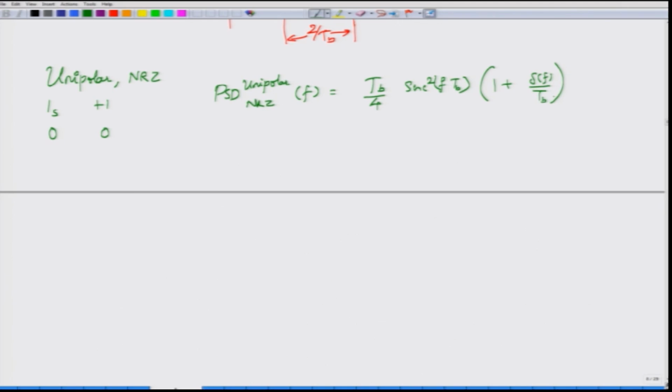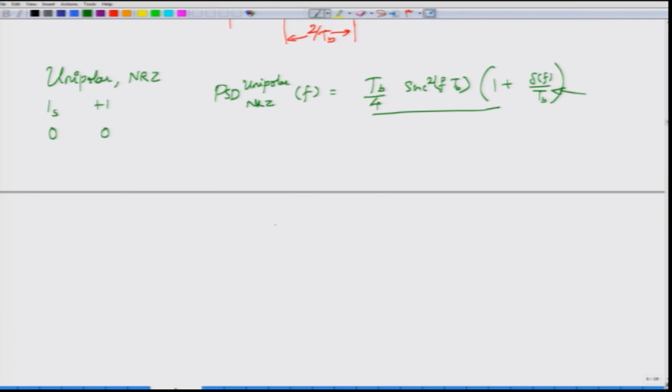Do not be thrown off by this delta F term. This delta F is just a delta function present at F equal to 0. This part is exactly similar to the RZ format, except that the amplitude has reduced to TB by 4, rather than TB, plus there is a delta function at the origin.